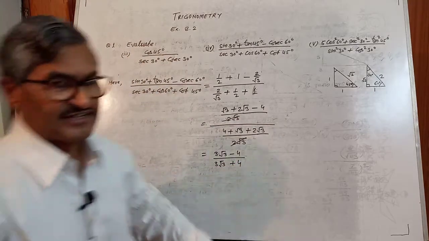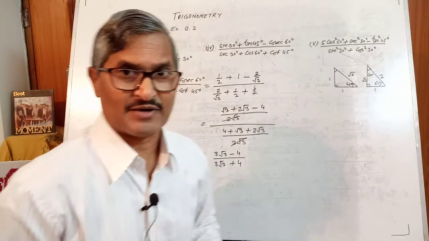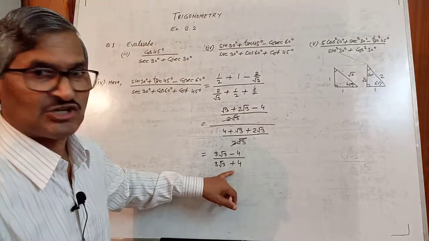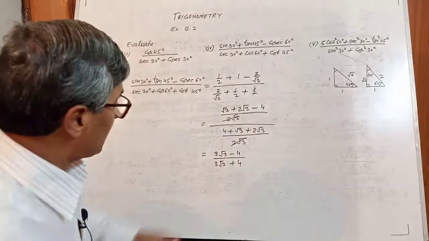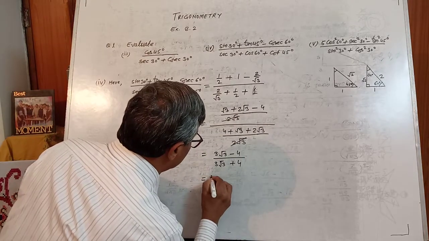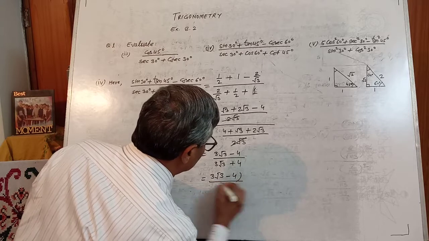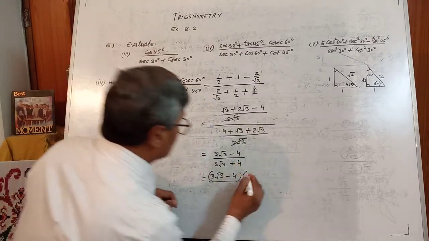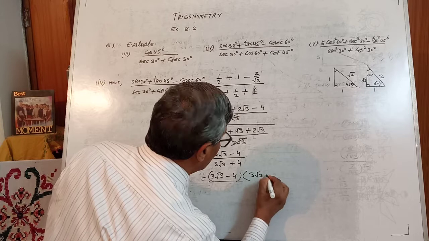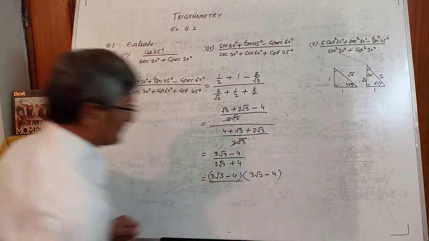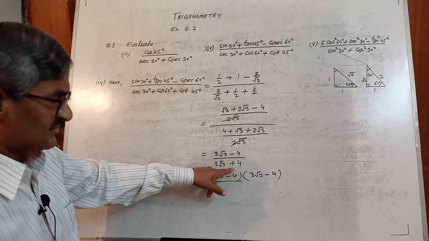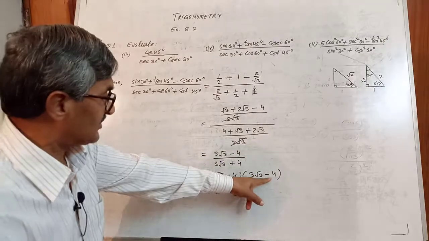Again here we are getting the denominator as an irrational number. We have to rationalize this denominator, the same way, multiplying numerator and denominator by the conjugate of this number. 3 root 3 minus 4 over 3 root 3 plus 4; here it is plus 4 so you will take minus 4.